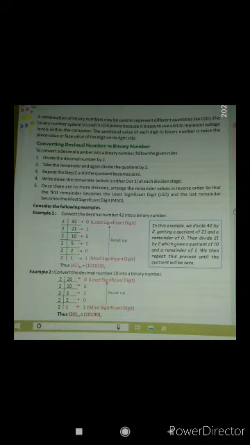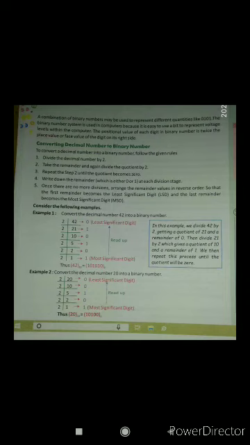Now we will practice this one, and the next topic is converting binary to decimal, the reverse one. Now we are converting decimal to binary, and in the next topic we will convert binary to decimal. But first we have to practice converting decimal numbers to binary.